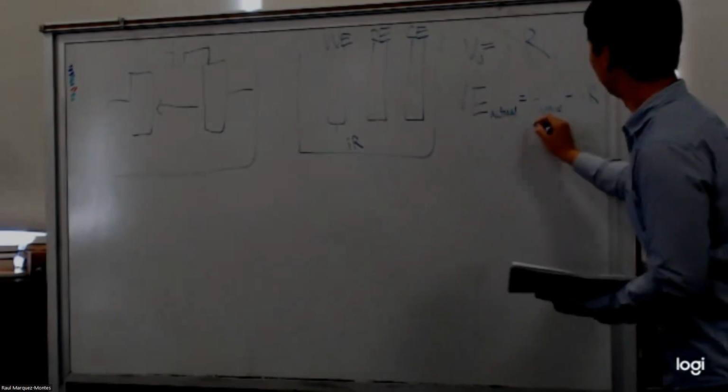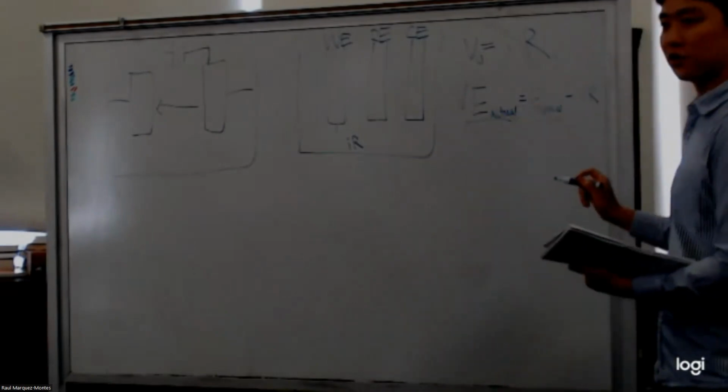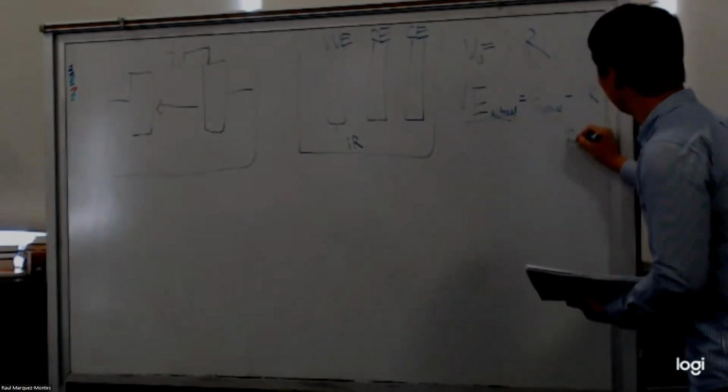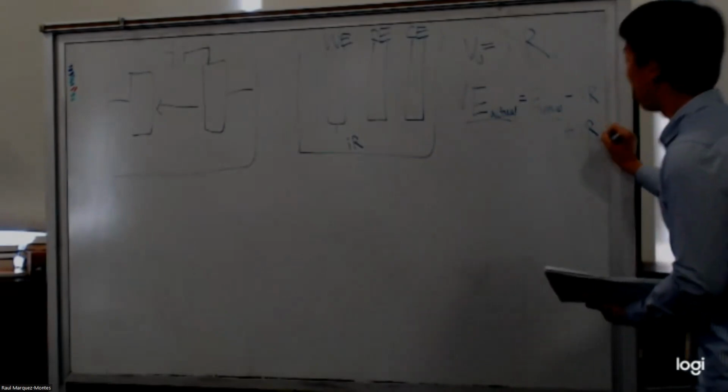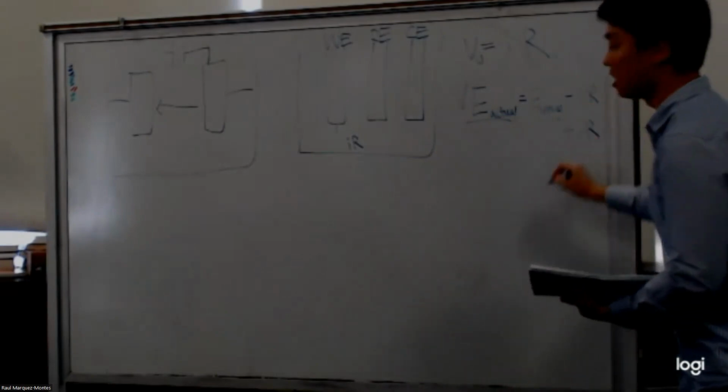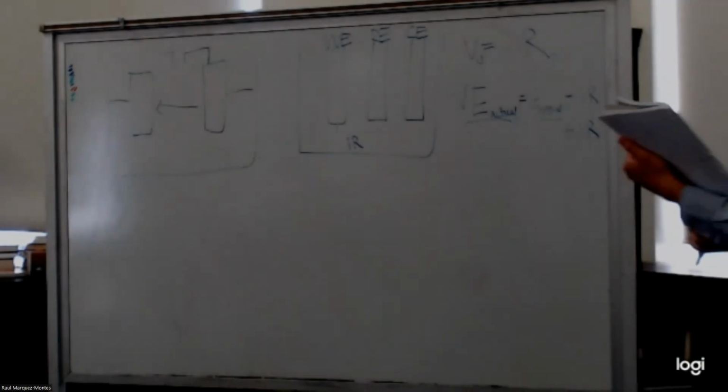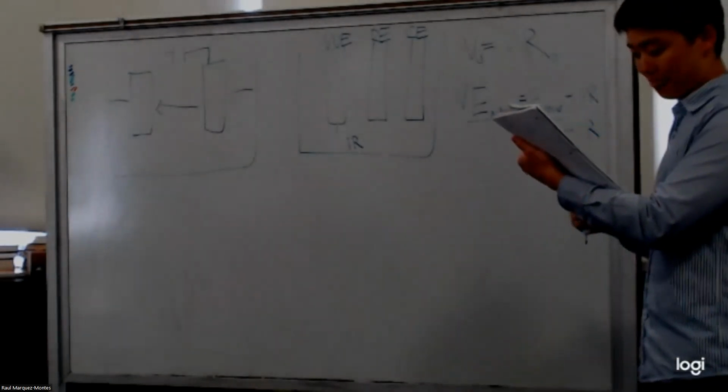So we want to make the applied potential the same as the actual potential. So we intentionally do the IR compensation so that they can cancel out. And yeah, okay. So that's the IR potential drop, and we can do the IR compensation.